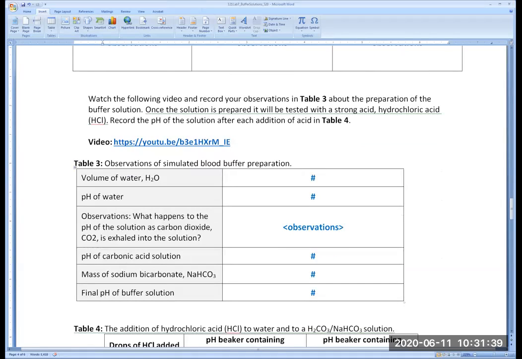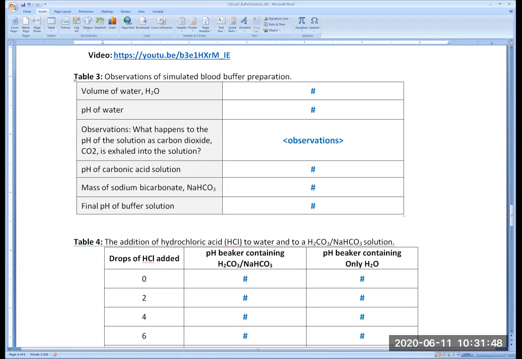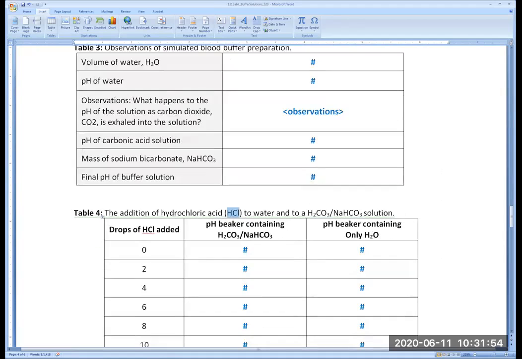Once the solution is ready, the carbonic acid bicarbonate buffer solution, then we will add a strong acid to it. So HCl is a strong acid. For comparison, it's going to be added to water and to the buffer you just prepared, the carbonic acid bicarbonate solution.